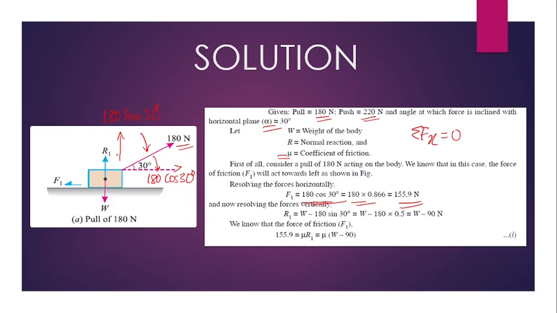The total forces in the positive y direction, that is upward, are R1 plus 180 sin 30 degrees, and that must equal the vertically downward force W. So R1 equals W minus 180 sin 30 degrees, that is W minus 90 Newton.